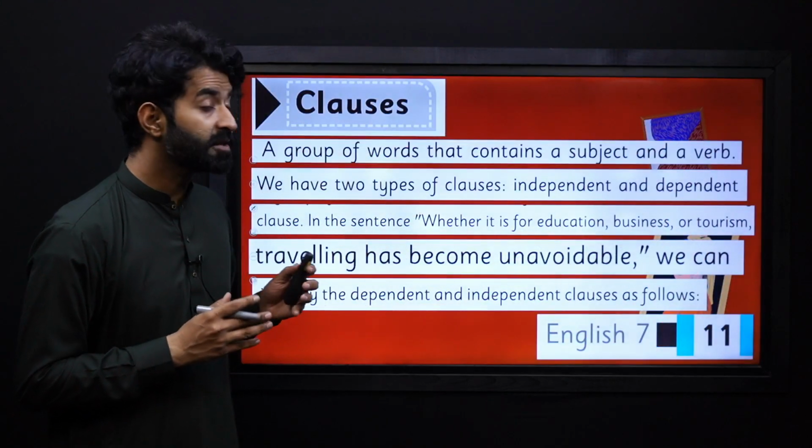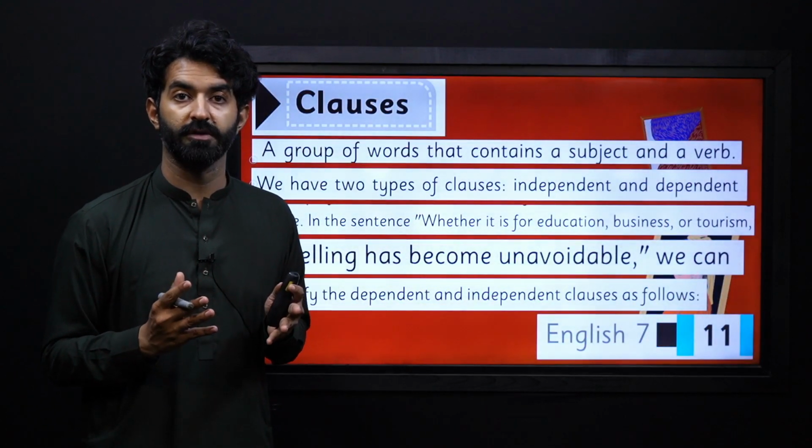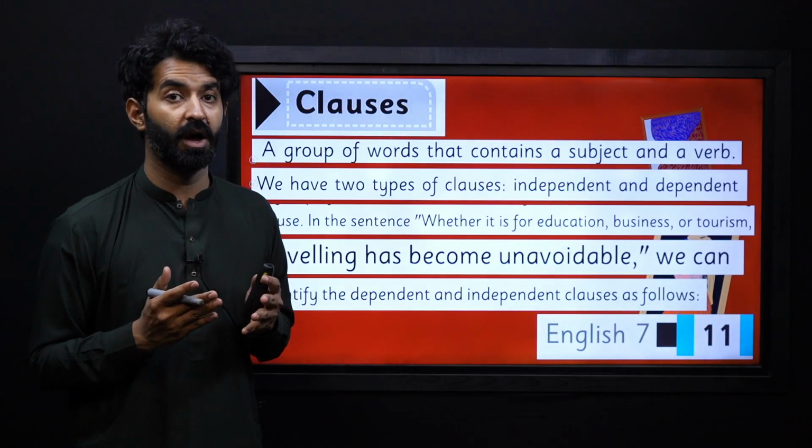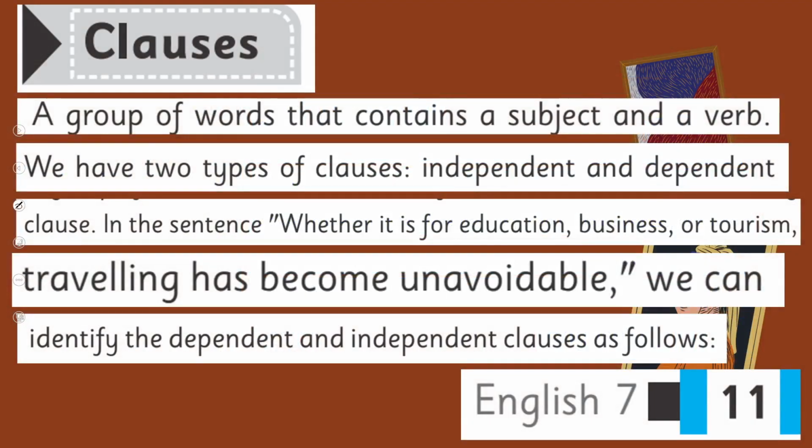Now, let's talk about the term clause and see what clauses are and how they are used. Clauses are a group of words that contains a subject and a verb. We have two types of clauses: independent and dependent.